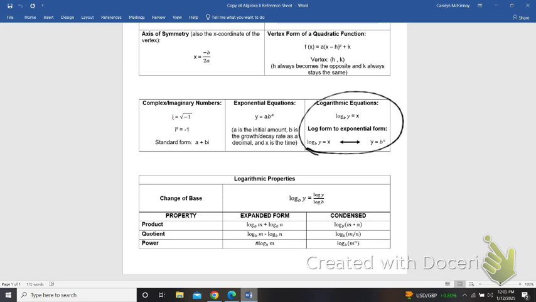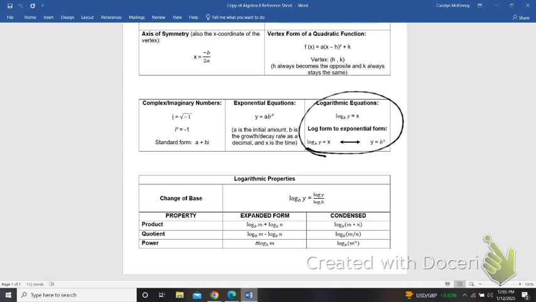So I think we've practiced it enough that you probably remember that b is the base, and he's the guy kind of in the basement with the log, and that x represents the exponent, and then y, we call that the argument. It's like the answer when we raise the base to that power.